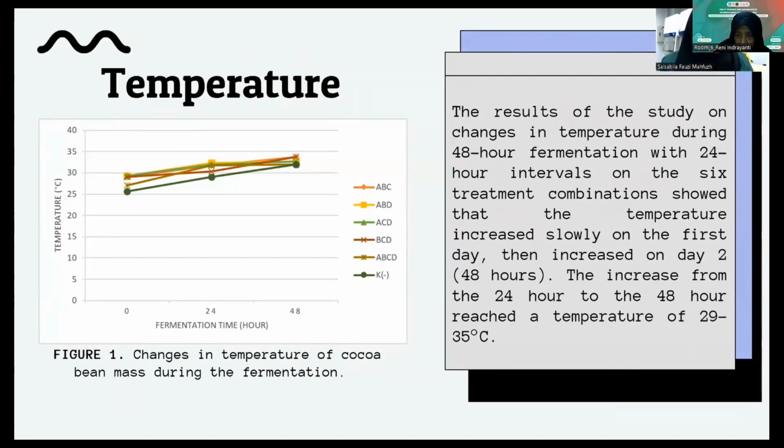The result of the study on the changes in temperature during the 48-hour fermentation with 24-hour intervals on the 6 treatment combinations showed that the temperature increased slowly on the first day and then increased again on the second day of fermentation. The increase from the 24-hour to the 48-hour mark reached a temperature of 29 to 35 degrees Celsius.